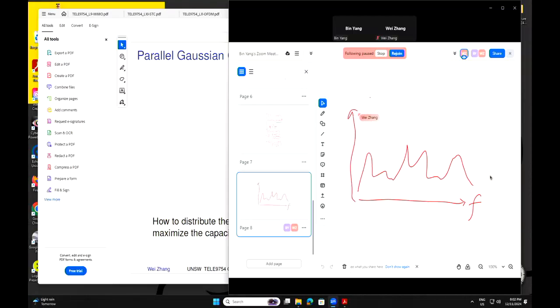This is like the channel gain H, magnitude. It's for the broadband channel, so it looks frequency selective. For the narrowband, it's smooth, like flat, very constant. That's called frequency non-selective. But for the broadband channel, the channel behaves like frequency selective.